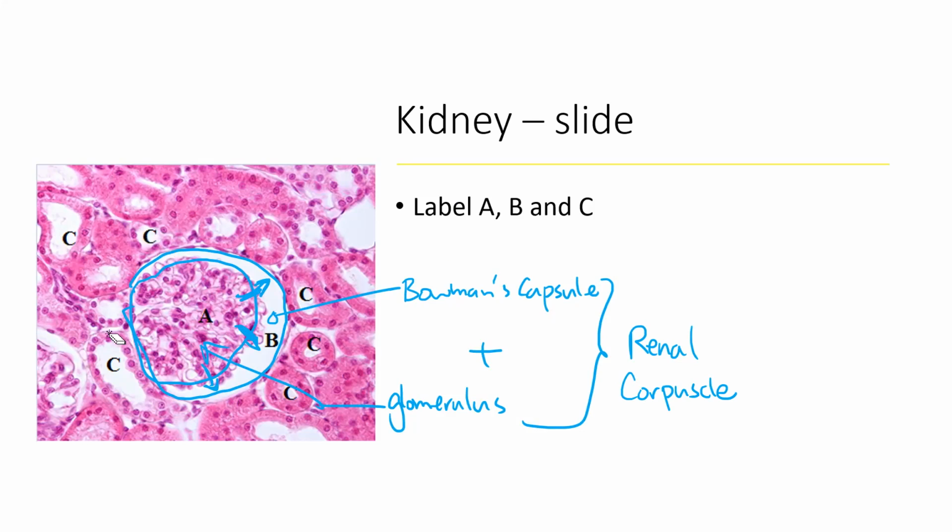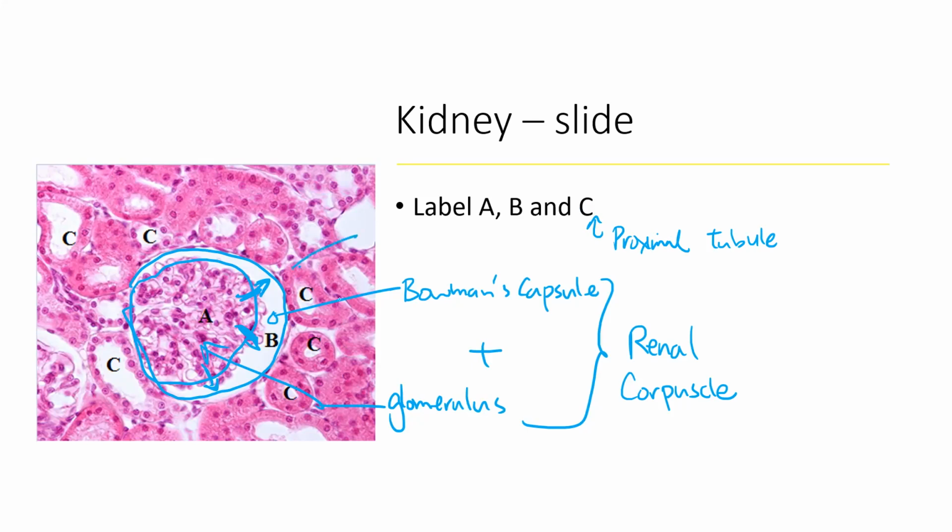Now, C is a little bit hard to visualize, but they are all part of the proximal tubule. Imagine it comes out and then it curls in. Right, so I try to draw this a little bit 3D for you.